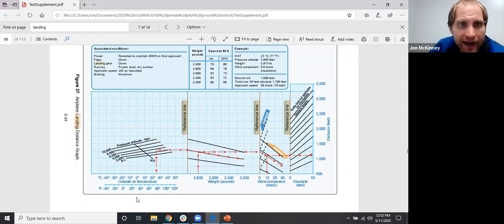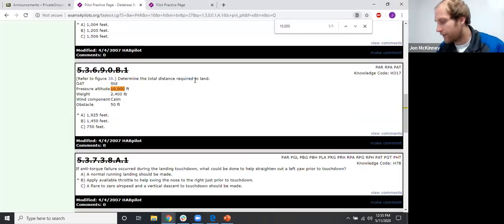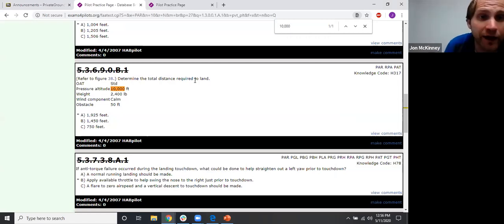And the question is asking us to determine the total distance required to land. So what I would do is pull out my piece of paper and my pencil and jot down some of these pieces of data, because that's what we're really going to need to focus on. So when you're studying one chart, you're not going back and forth. We said outside air temperature standard. We said pressure altitude 10,000 feet.